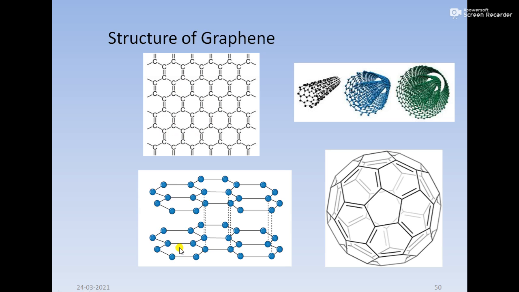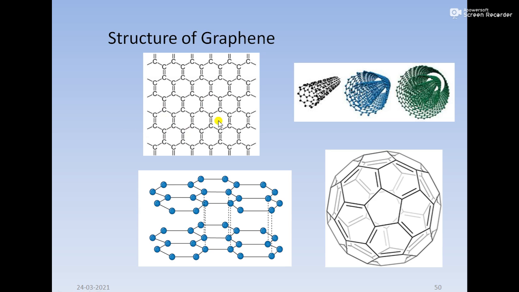Graphite is electrically conducting, so there should be double bonds present, like this and similarly like this. If we consider two or three layers of graphene, that is called graphite, and a single layer of graphite is called graphene.